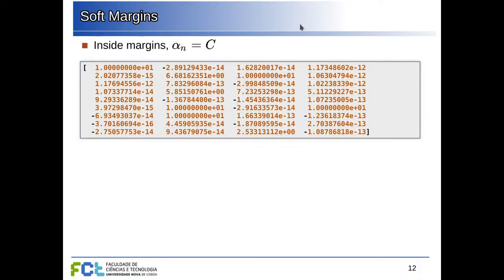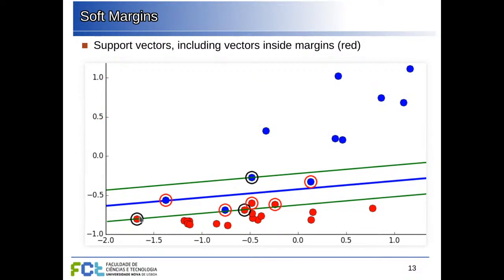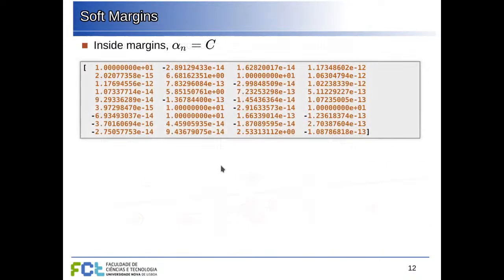And then we have these 3 points here. So all of these are support vectors. They all have alphas greater than 0. But these 3 marked in black have alphas that are greater than 0, but less than 10. For example, 2.5 here, some others here, 5.8, and so on.